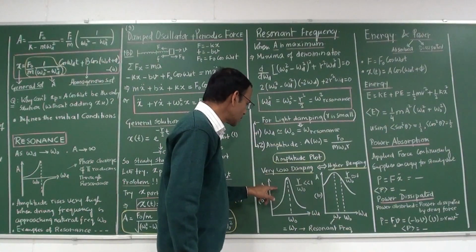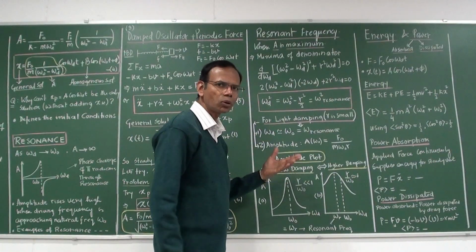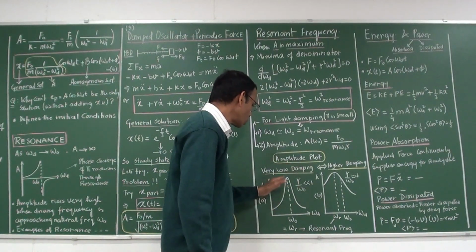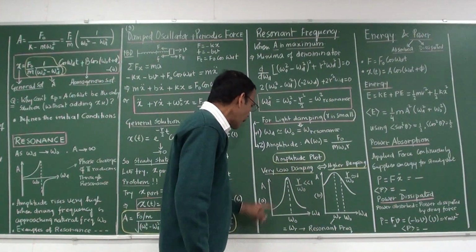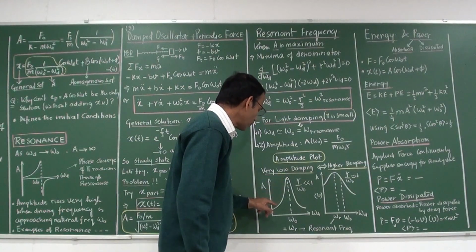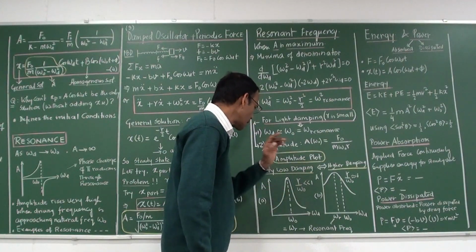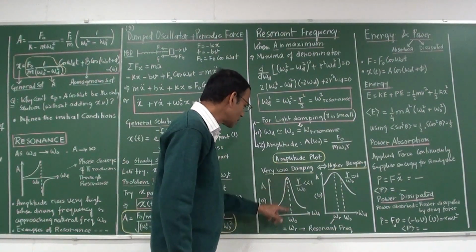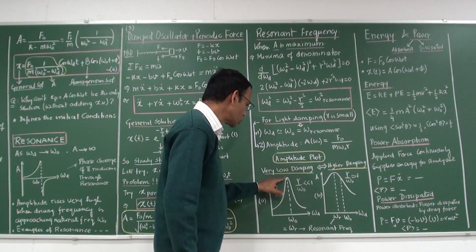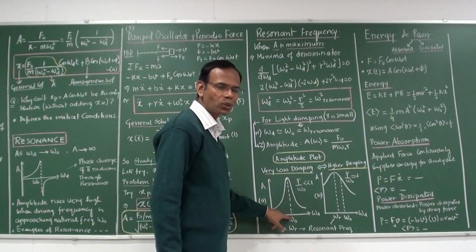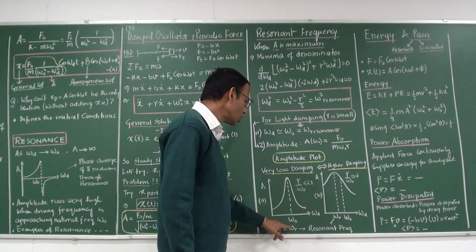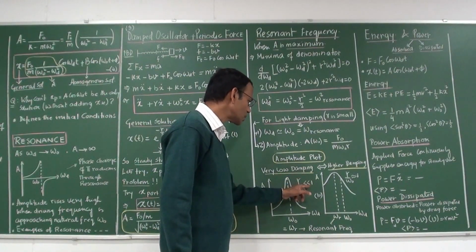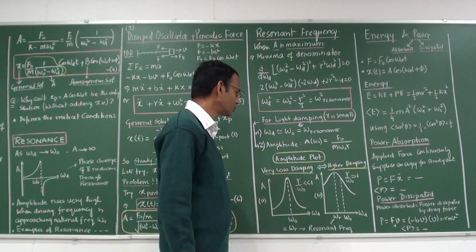Now, the low damping case is this one, basically light damping, that is gamma by omega 0 much less than 1. As you see, it is very low. Here the graph looks like a Lorentzian, and the maximum amplitude is at omega 0, which is your resonance frequency. This is when gamma is much less than omega 0.